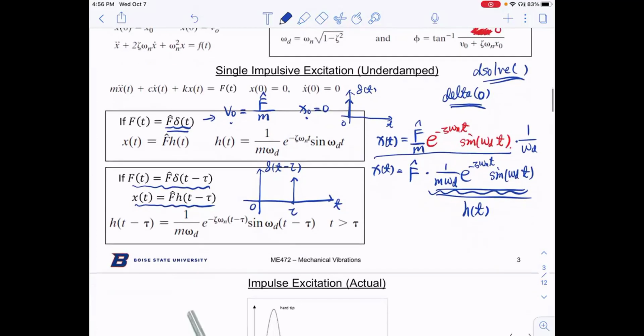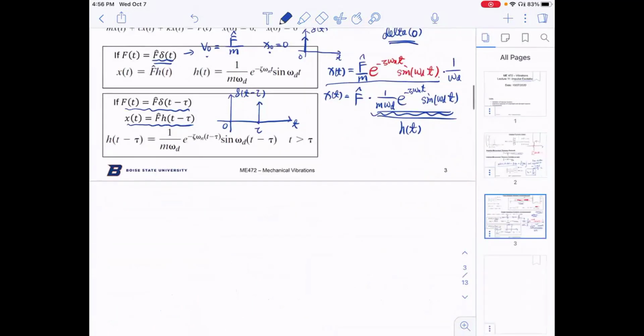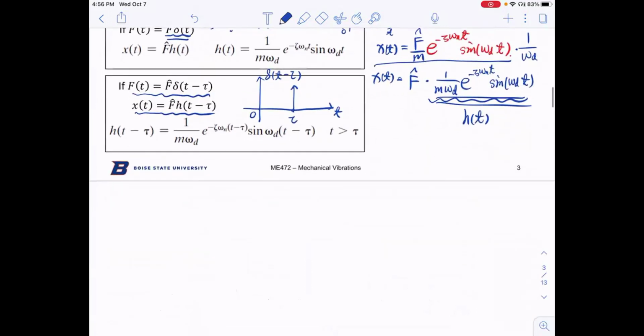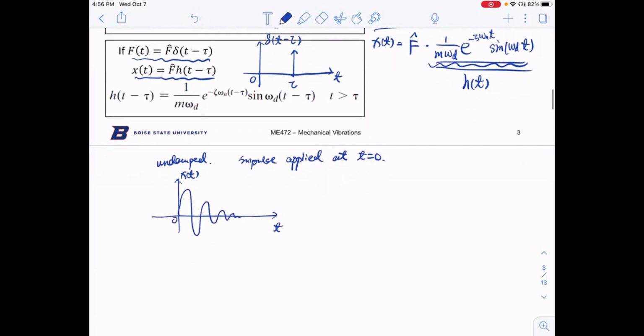Let me give an example. We already know that your system is underdamped, and the impulse is applied at t equal to 0. Then your response, as I said, is going to be the same as a free vibration. So it starts from 0, oscillates, and goes back to 0.